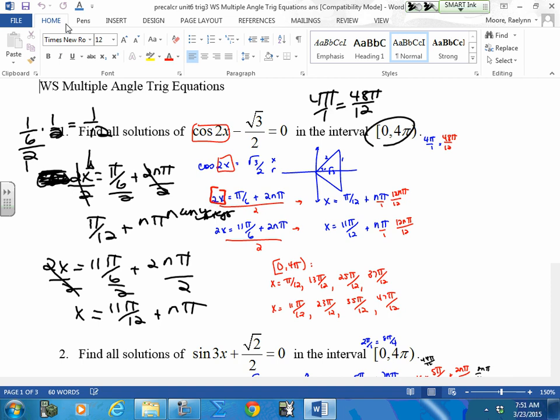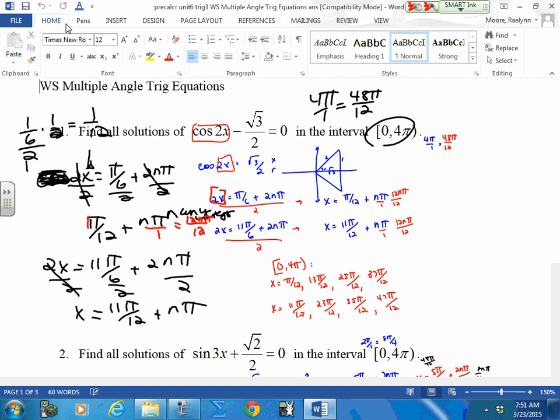So all you have to do now is start with this guy, 11 pi over 12, and keep adding n pi. So we have to have that also in a common denominator. What would this be? 12 n pi over 12, right? So all we're going to keep doing is adding 12 pi over 12, which is the same as pi, n pi. So we're going to keep adding 12 to the numerator. We start at 1 pi over 12.